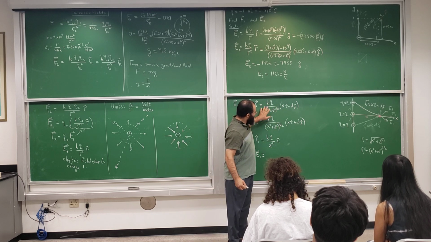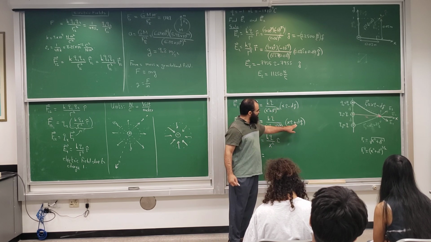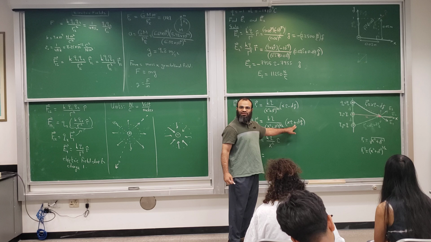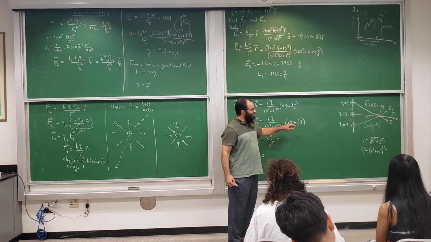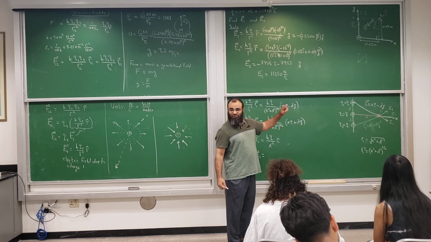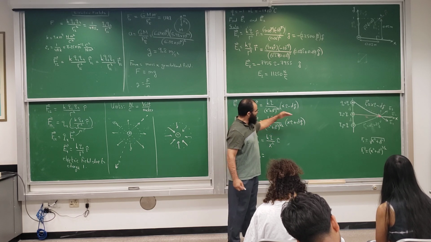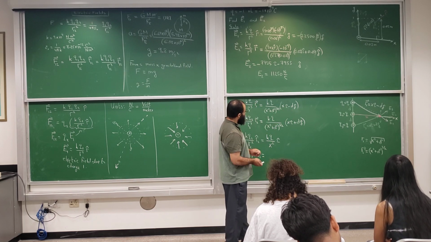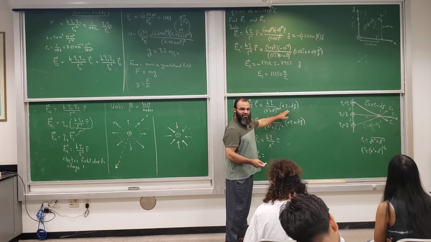Look, they have everything the same, except this one is plus, this one is minus. So the j hat stuff cancels. No more j hat, which agrees with what we said. We expect the field in total to just point in the x direction.